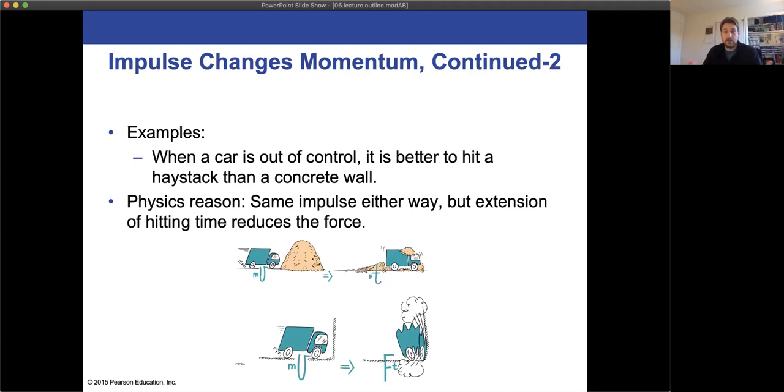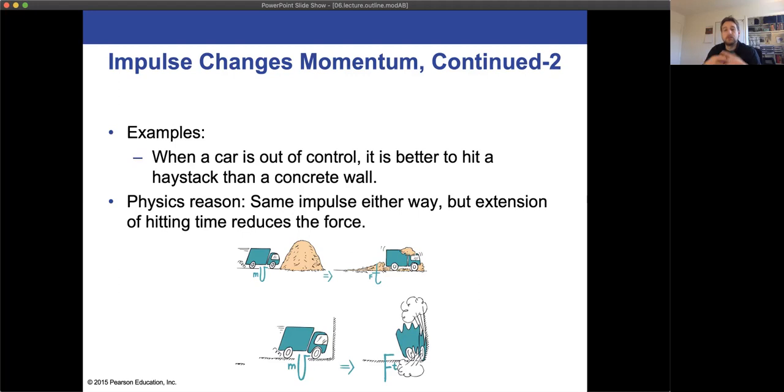We hit the wall and the wall doesn't go anywhere, we're done. And that collision, that interaction between the truck and the wall, is of shorter duration than the collision with the haystack.